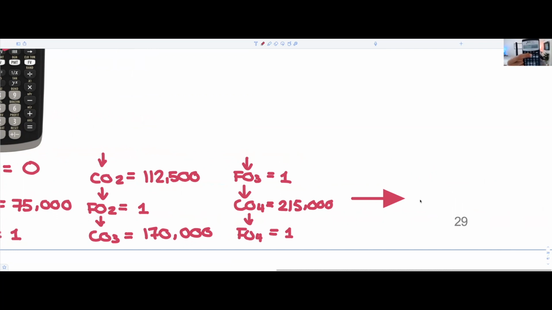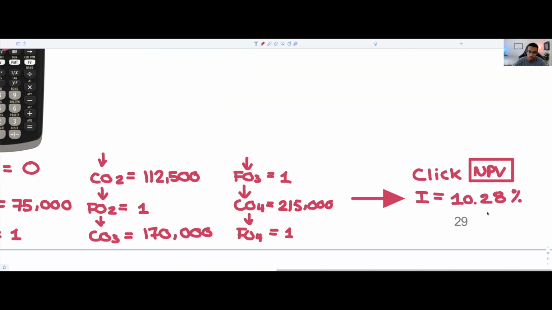So click NPV, and you're going to see I. You're going to set I equal to 10.28%. So you do 10.28, enter, arrow down, and compute for NPV. Press compute for NPV.